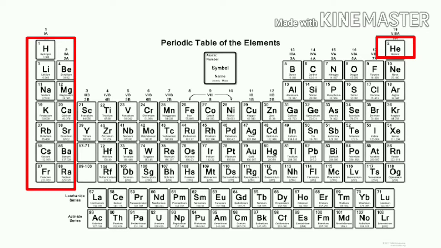The S block elements are hydrogen, helium, lithium, beryllium, sodium, magnesium, potassium, calcium, rubidium, strontium, cesium, barium, francium, radium. From the periodic table, it is clear that the group 1 elements and group 2 elements with helium are considered as S block elements.